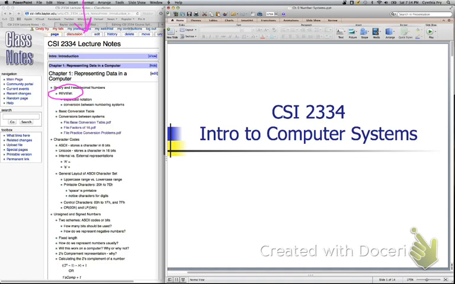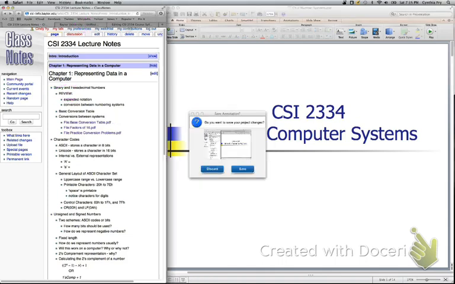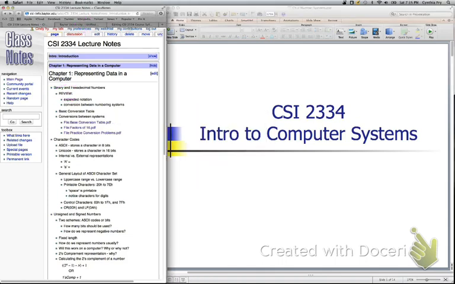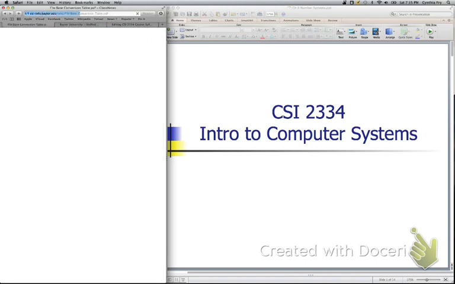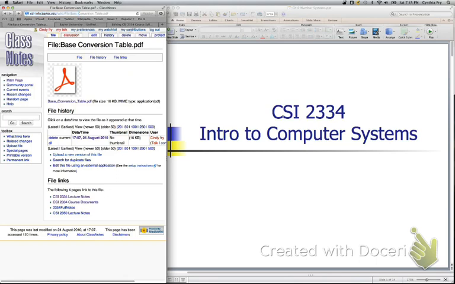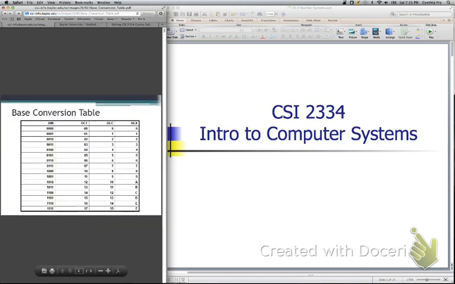In particular, there's a table right here that is the base conversions. Let me just show you this one. I'm just using the wiki for this, going to the main page, clicking on 2334, and then lecture slides. This will bring up the base conversion table.